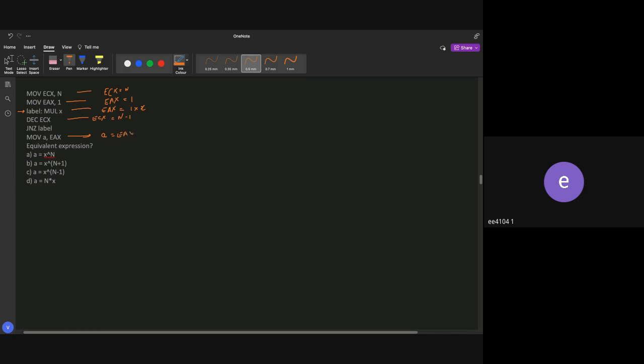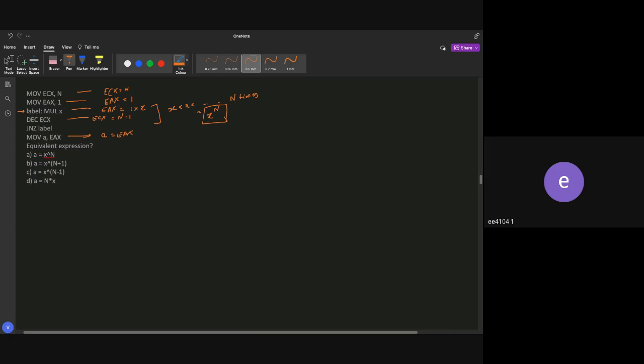So what should be the value in A? We have this loop which is multiplying x basically, and it will multiply n times. So this loop is multiplying x n times, which is nothing but x to the power n, right? We are multiplying this to whatever is there in EAX.